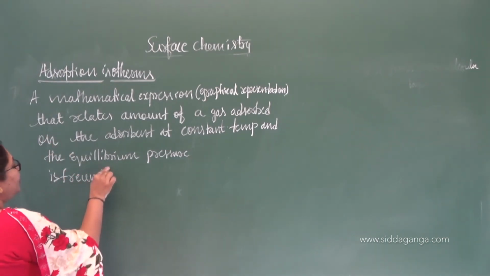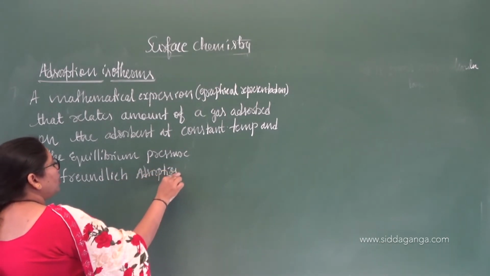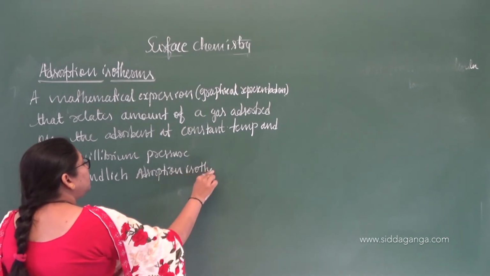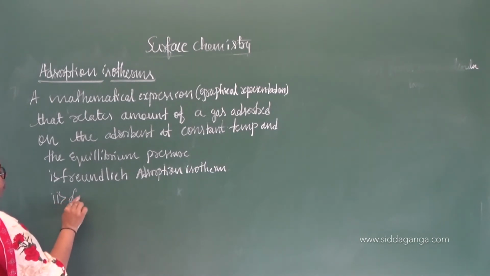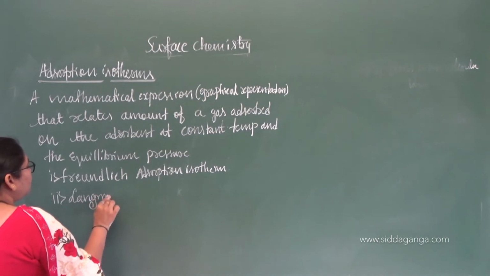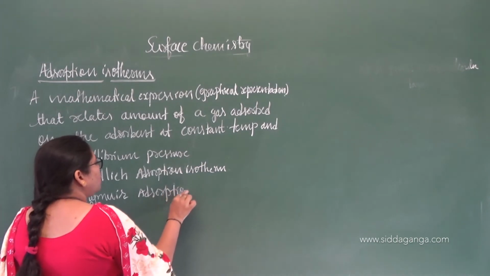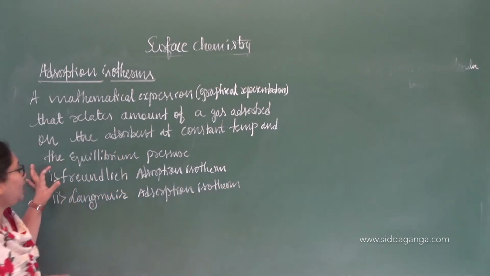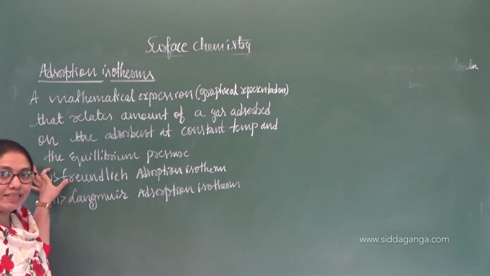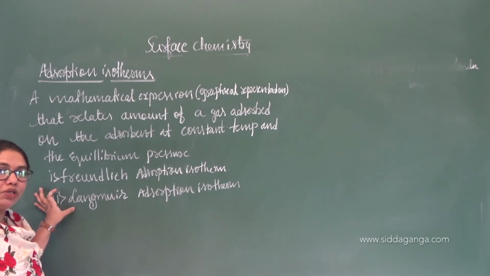One is Freundlich adsorption isotherm, and one more is Langmuir adsorption isotherm. We are going to discuss the first one in detail because that is there in your NCERT textbook, but Langmuir is not there in the NCERT textbook. I will give just a brief information on it.